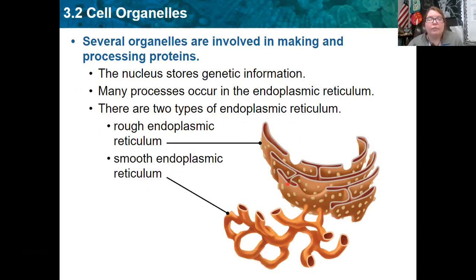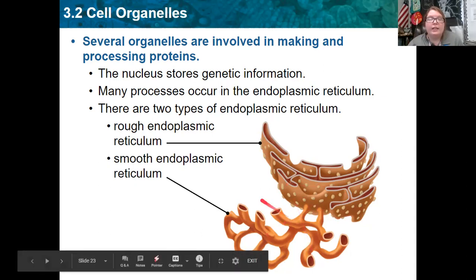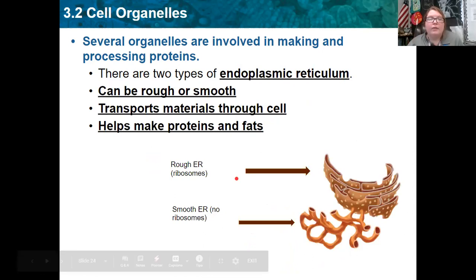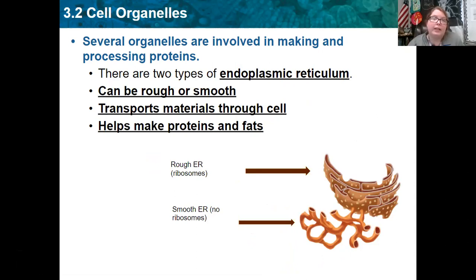And there's a smooth one, and see, it doesn't have the bumps. They transport materials through the cell and they help make proteins and fats. The rough ER has ribosomes, so that's where the protein work is happening. The smooth ER doesn't have those, so it's not making proteins, it's making fat mostly.